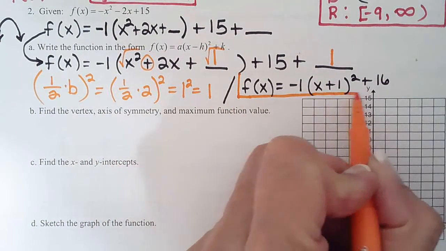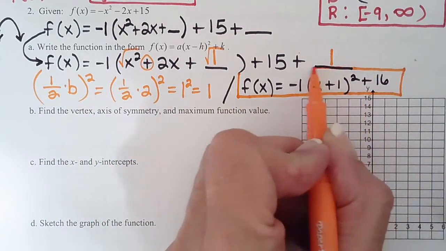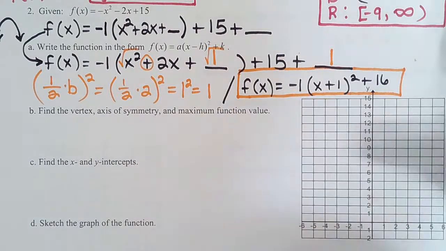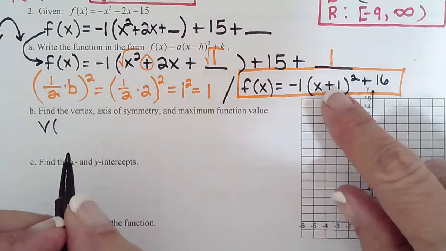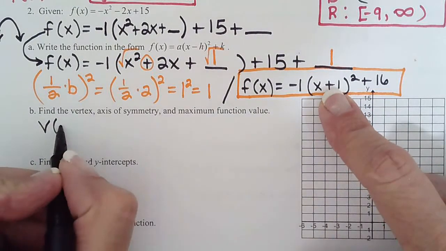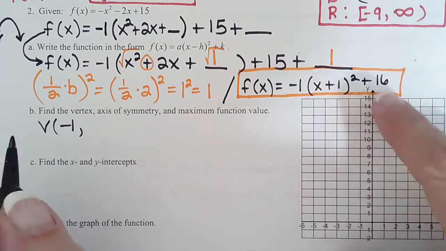So vertex form always has the x in parentheses with the squared and then the number outside. So now you should all be able to tell me what the vertex is. Opposite of what's in parentheses, comma, what's outside.